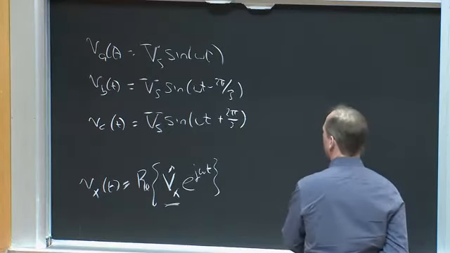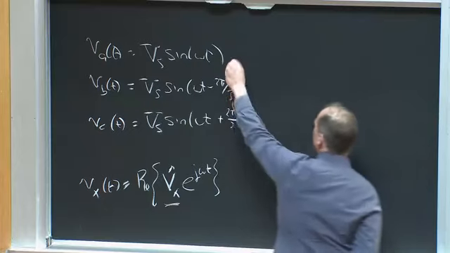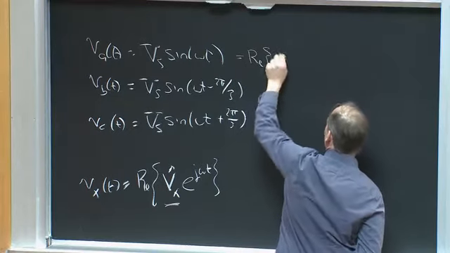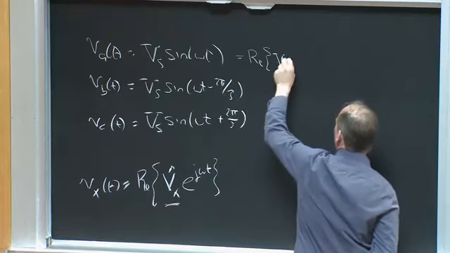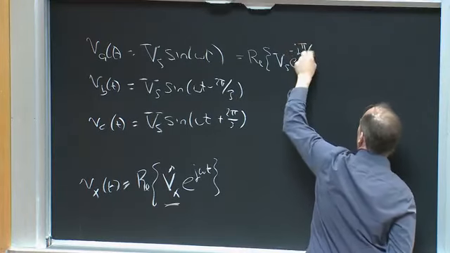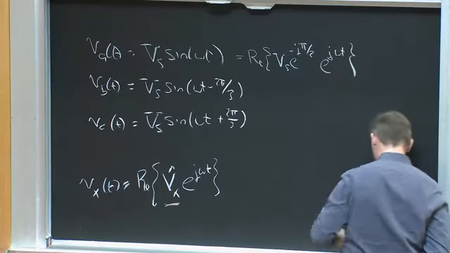So in this case, I could write Vs sine omega t as being equal to the real part of Vs e to the minus j pi over 2 e to the j omega t, okay?